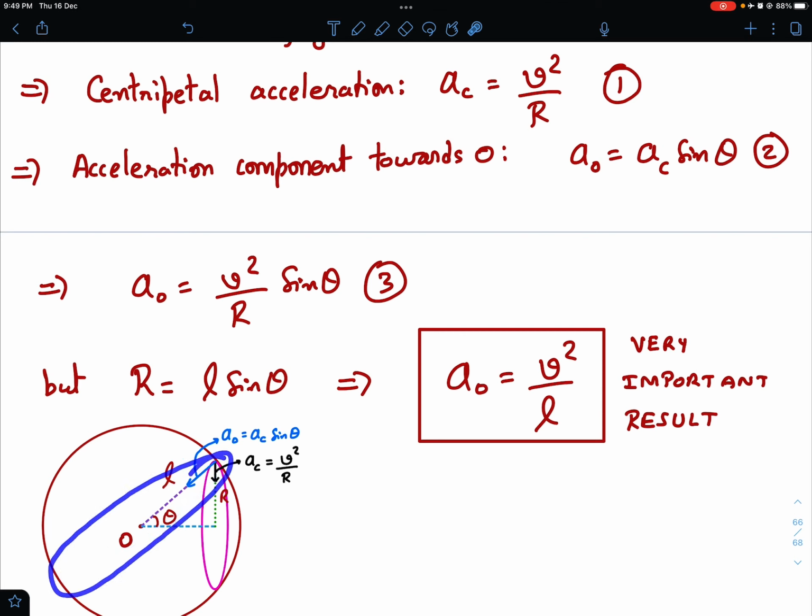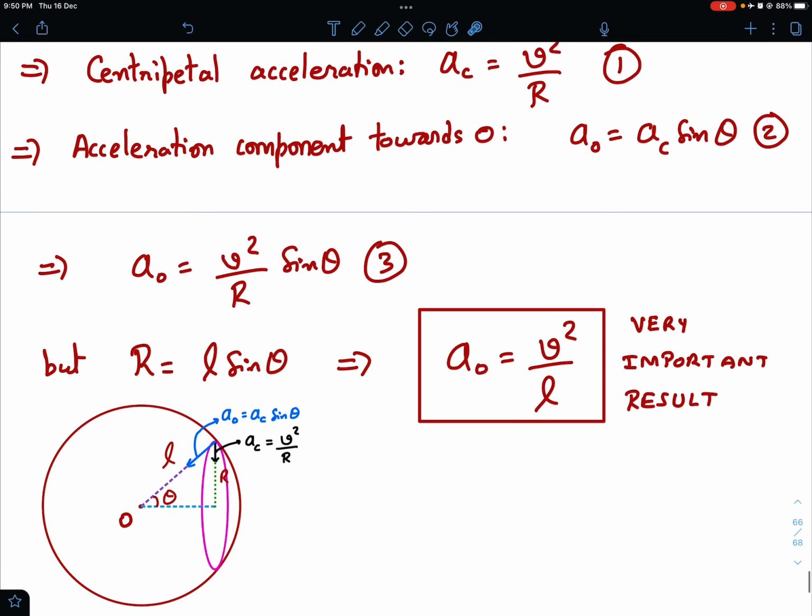If it were going along this circle, I would have been comfortable saying that this is the center of curvature. I don't think we should be calling this point O the center of curvature if the path is like this. But that's how the hint is given in Pathfinder. I'm not sure if that's correct, but definitely this result is correct.